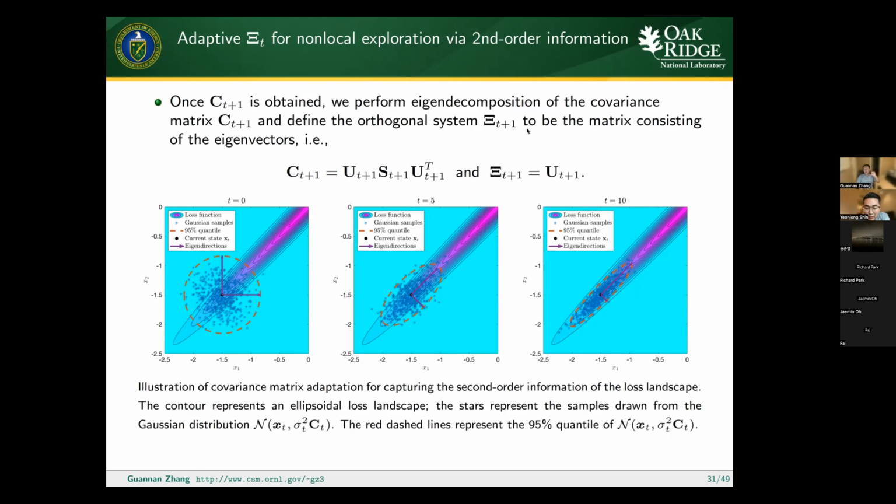But when we do this exponential smoothing, each time you only do a low rank update, then you can reduce the complexity to near quadratic, which is much better.